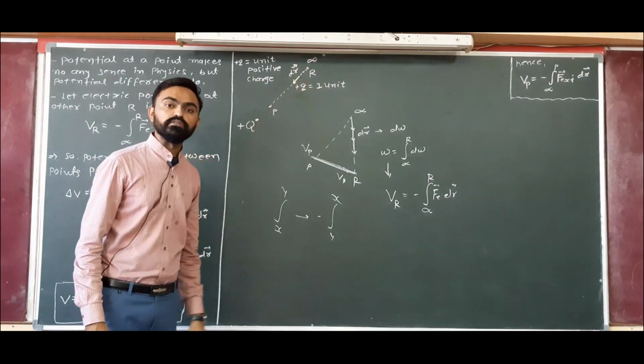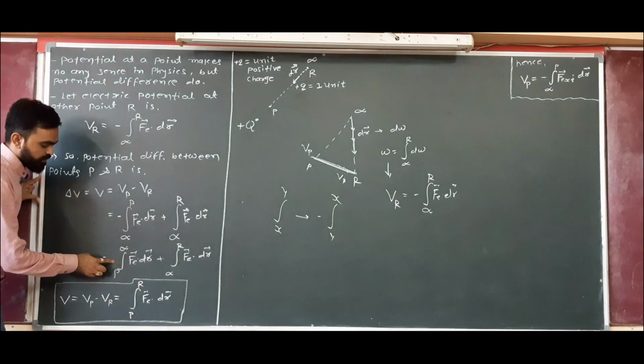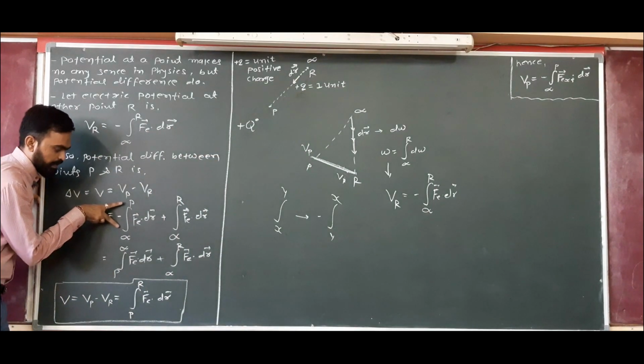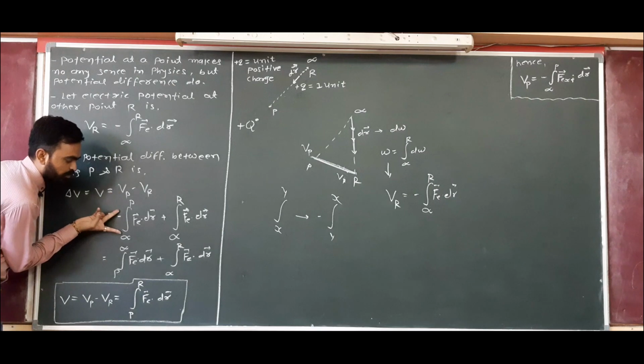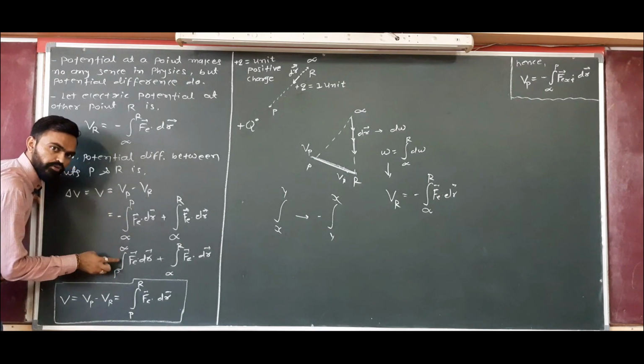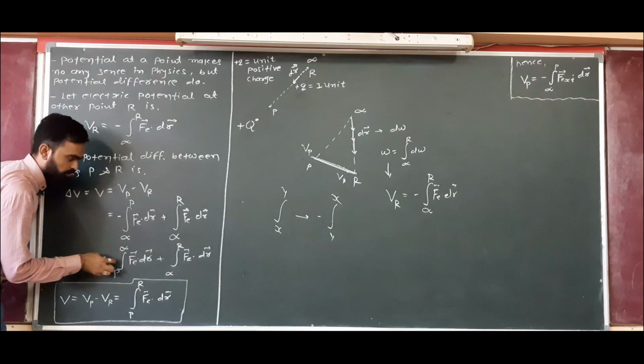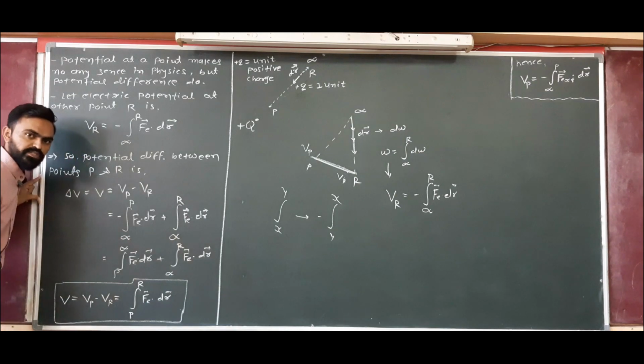We go in reverse. So when the negative comes outside of the integration, its limit will be changed, so the limit will be p to infinite, as shown here. When the negative comes out, there is already a negative sign there, so negative becomes positive, right? The remaining things stay the same.